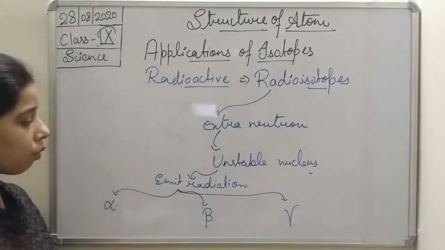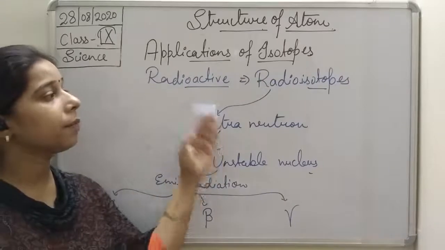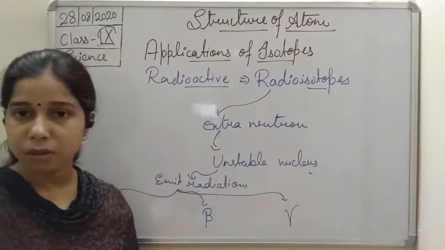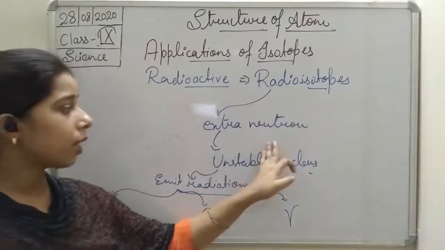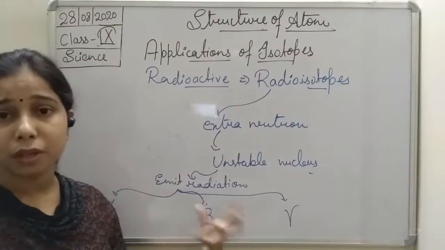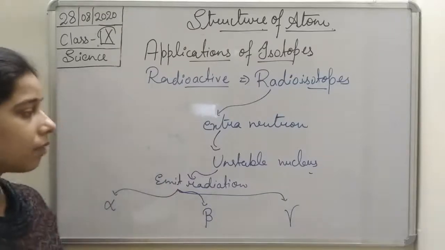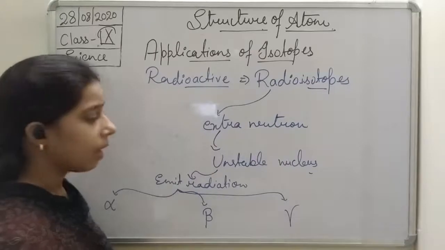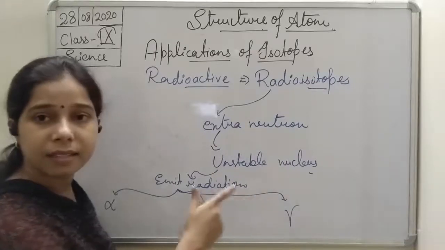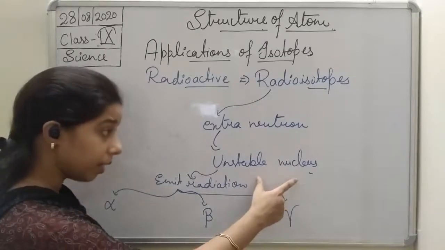Okay students, so for these radioactive isotopes we use the term radioisotope. It is a radioisotope because of the extra neutron present in it, and because of the extra neutron we can say that they have an unstable nucleus.